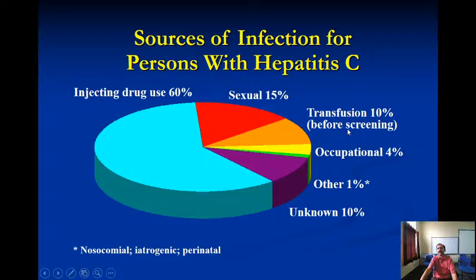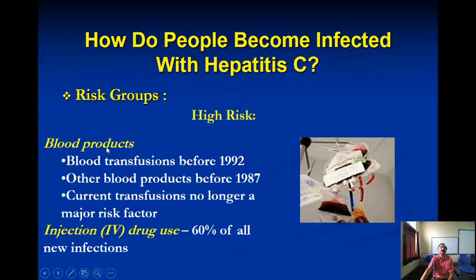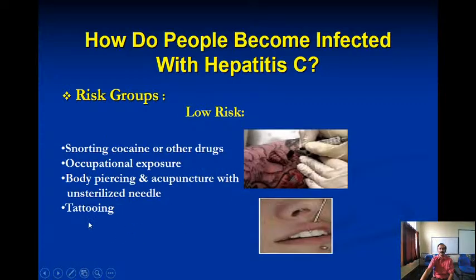Occupational, that is basically doctors and healthcare workers, 4% needle stick injuries. So it's quite a large number. Should be careful. So here they say blood transfusion before 1992. That is not for our country. In our country, you have problems even today. Injectable drug abuse is where the maximum cases take place.